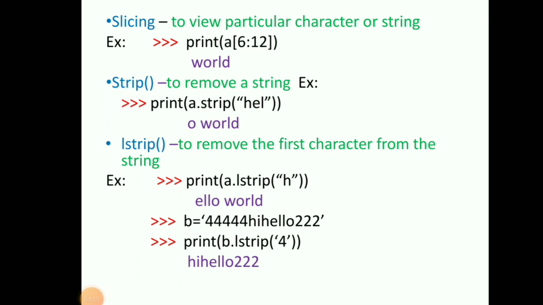Using the dot operator, a.lstrip, you can remove the first character H from hello world. Similarly, you can remove the 4s from the string B, 444 hi hello 222. Using lstrip to remove the 4s, you get the answer hi hello 222.